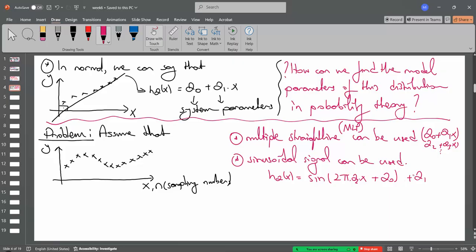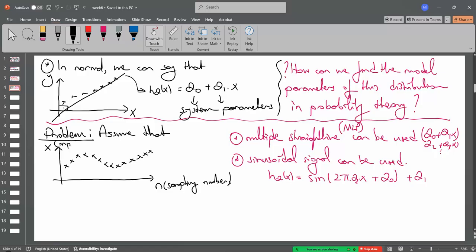But in this case we have only x data and n number of samples, which means that this is the standard output form. But what about this? If we are given only n and x just like this one, only input data here, we need to derive these parameters based on it.